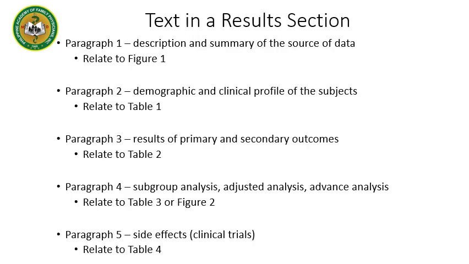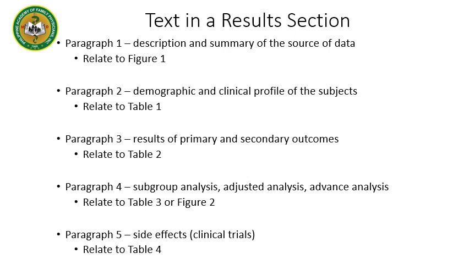Okay, the results section text also has a structure. Paragraph 1 usually is a description of the population, the source of information, the respondents, description on how you obtained your subjects. And then paragraph 2 is usually the description of the demographic and clinical profile of your subjects.